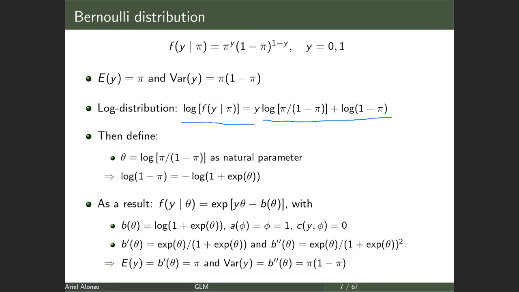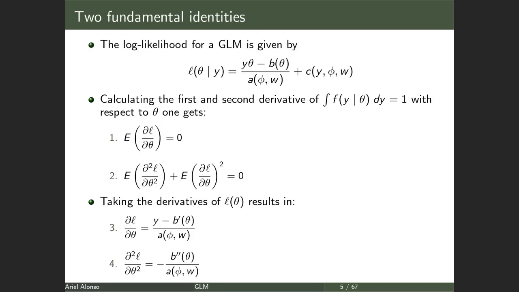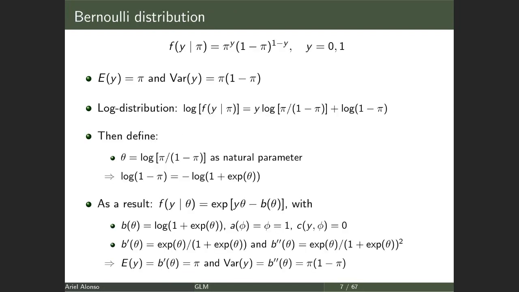This is also the logarithm of the density of the exponential family, and it looks pretty much the same. What is theta? Call theta the logarithm of the odds, because what we have here is the odds of an event. We say that the event happens if y is equal to 1. That's the odds, and theta is just the logarithm of the odds. This is just the logit.